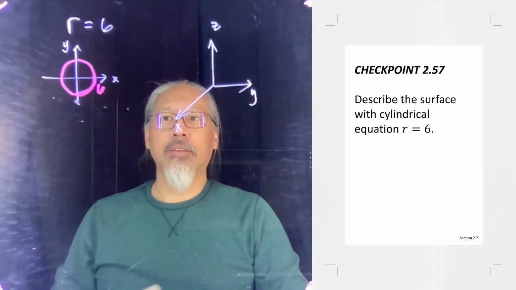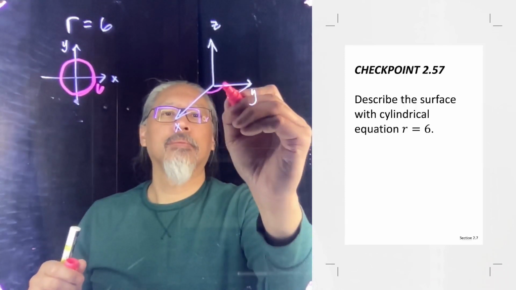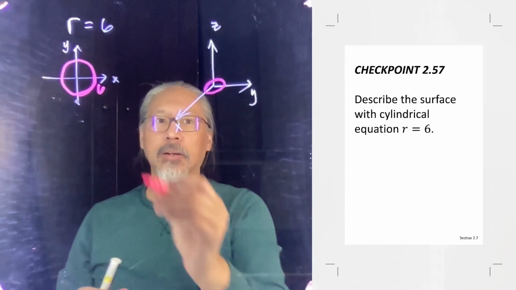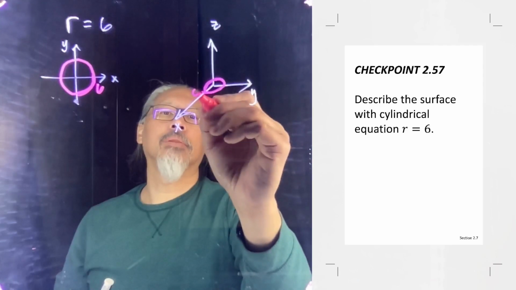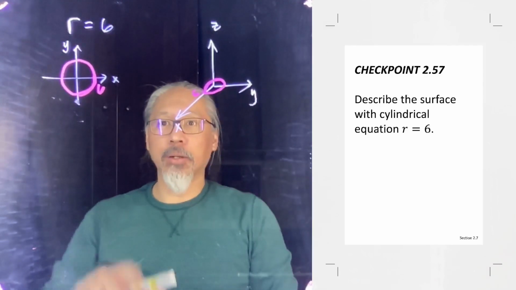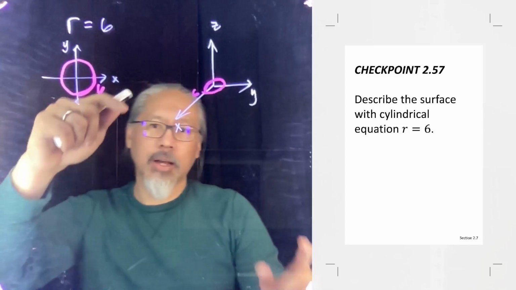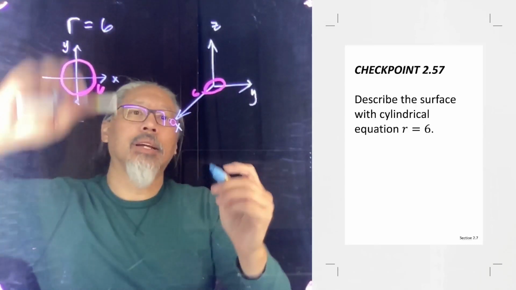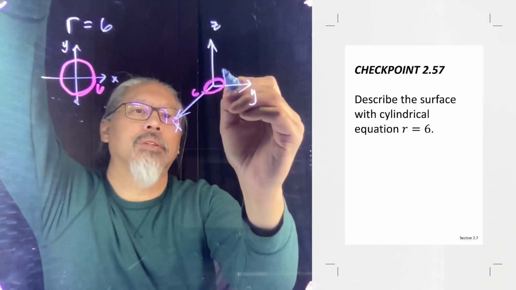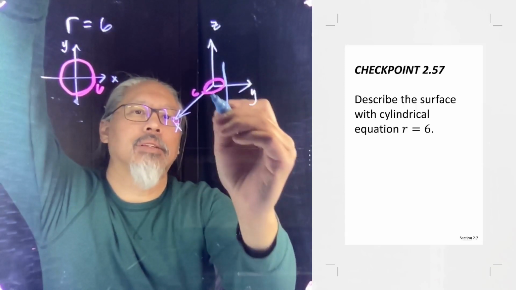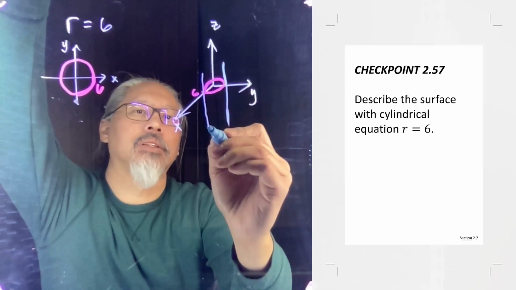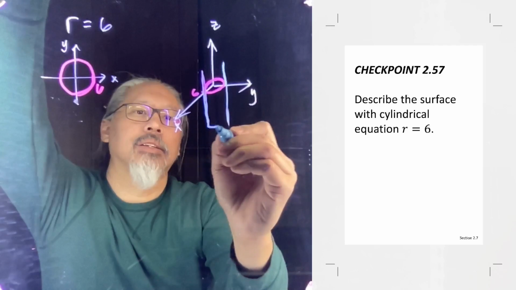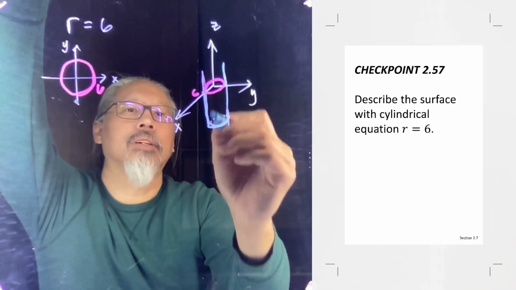So we have theta not mattering, but r is equal to 6, and that circle we see in the xy plane has a radial distance of 6. Since it doesn't matter what z is equal to, you can think of this as cylindrical rulings that go up and down along the z-axis.